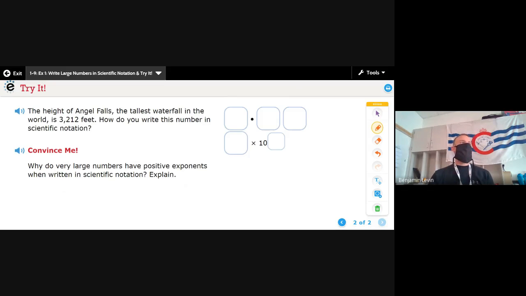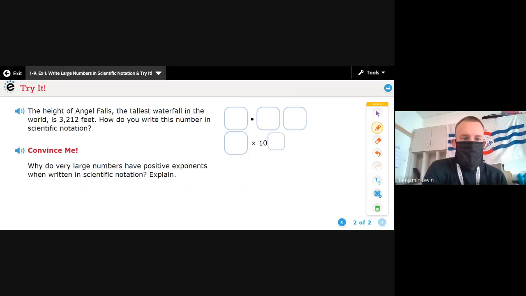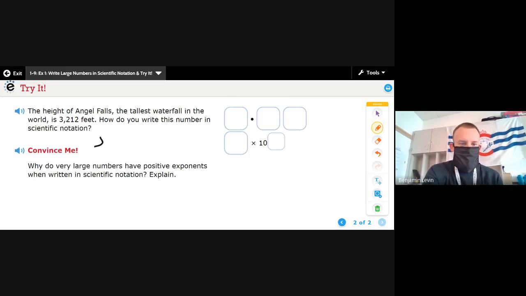Can I put 32.12? Is that possible? How many places left of the decimal do I need to write this in scientific notation? Can I write 32.12 times 10 to the something? Is that scientific notation?